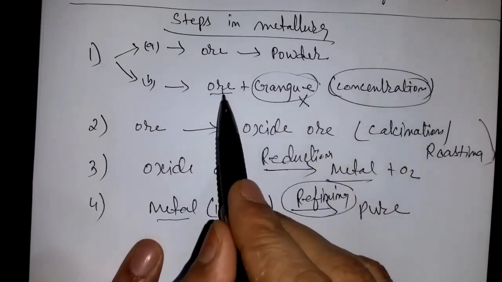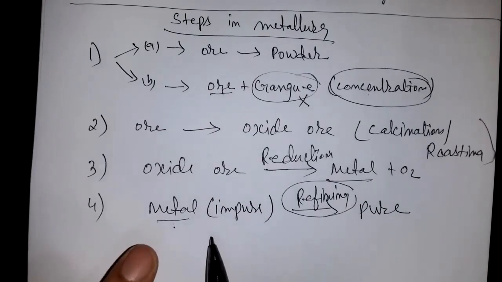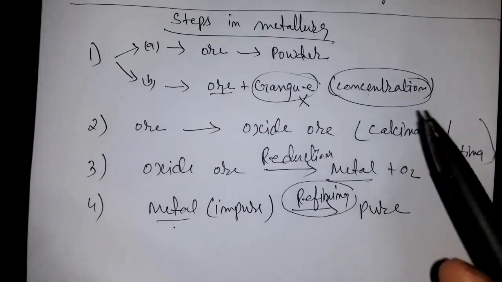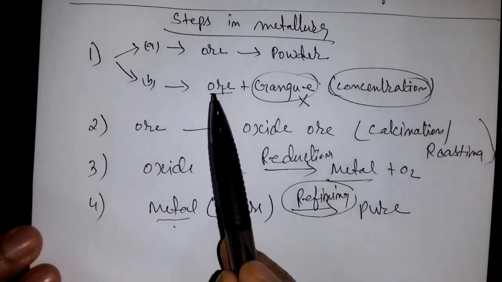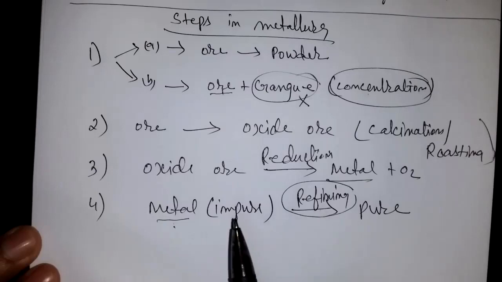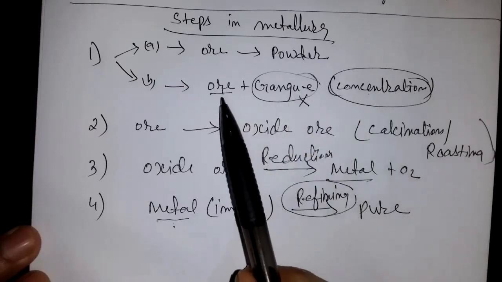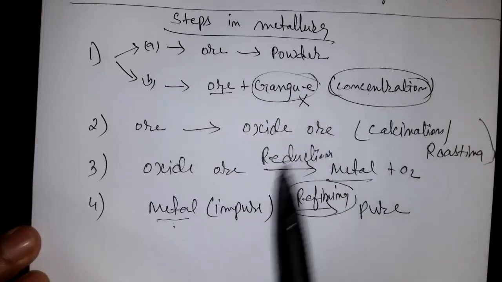Concentration is connected with ore, whereas refining is connected with metal, or impure metal. So the difference is that in concentration, the impurity gangue is removed from ore, whereas in refining the impurity is removed from impure metal. Concentration is the first treatment, and refining is the last step of metallurgy.